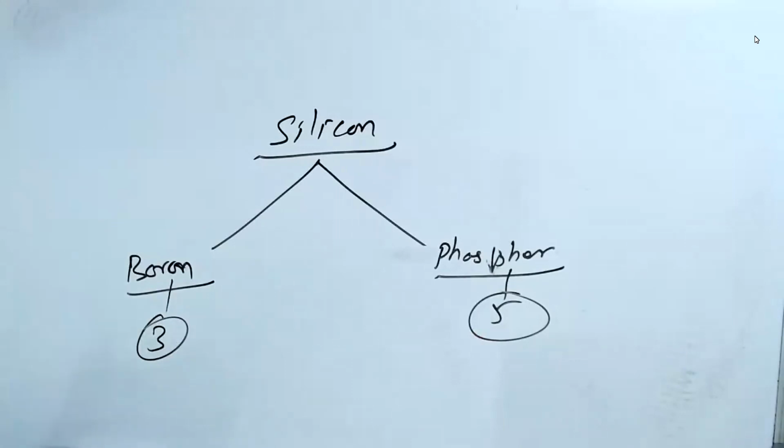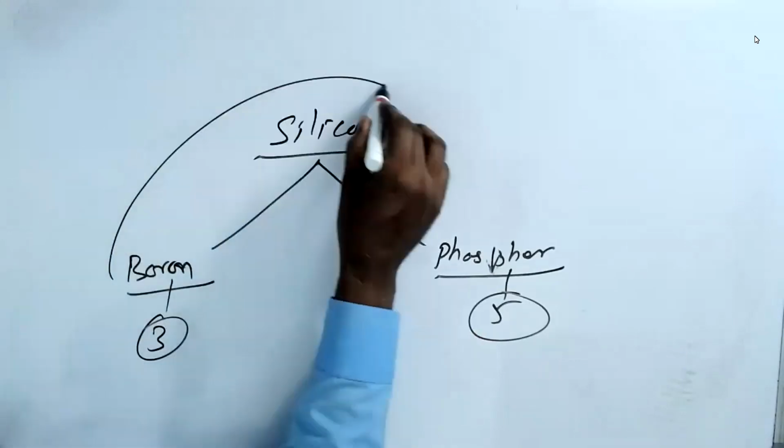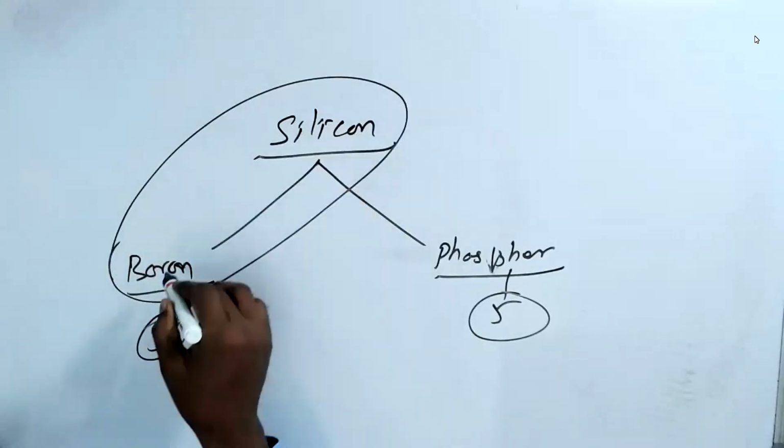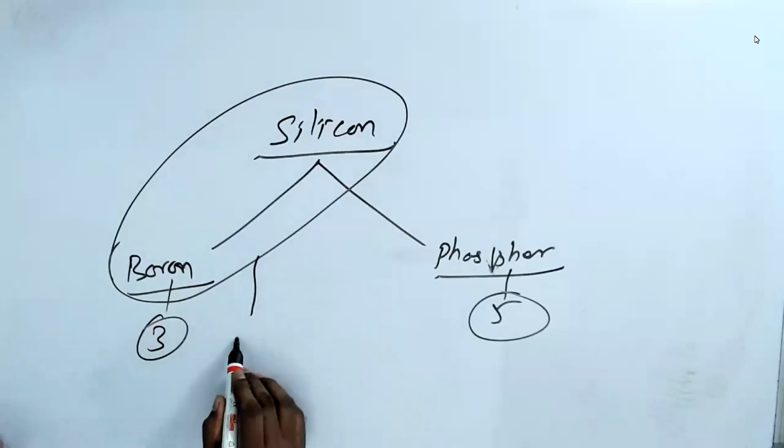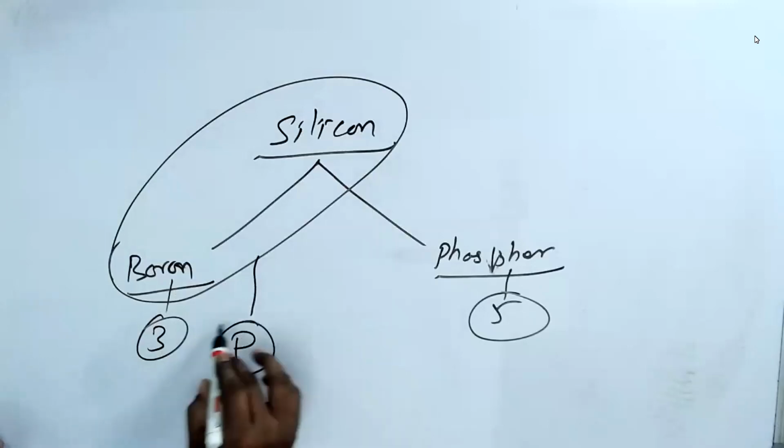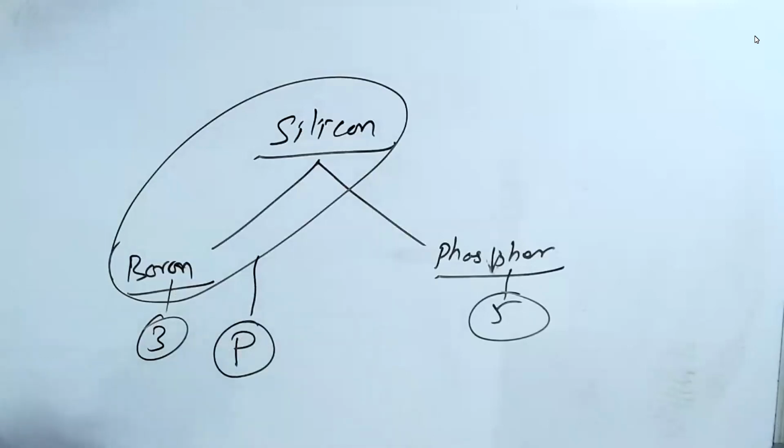So what happened? They combined these 2 metals, silicon and boron. They created a new material called P material. Why they call it P material is that there are 7 valence electrons, one is empty.